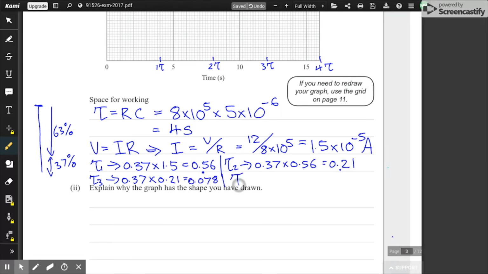And finally, for our fourth time constant, we might as well do that. We're going to have 37% of that, so 0.37 times 0.078, which gives me 0.029.